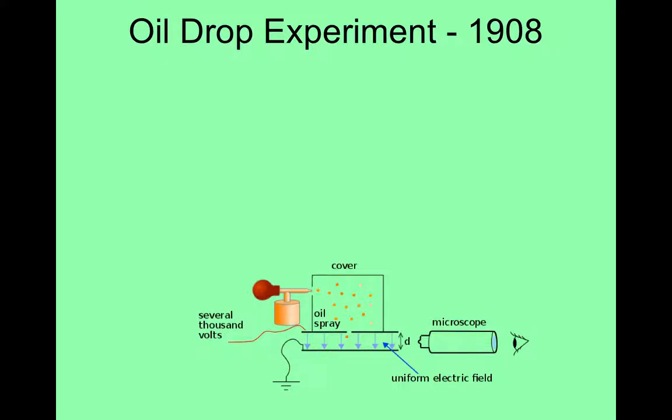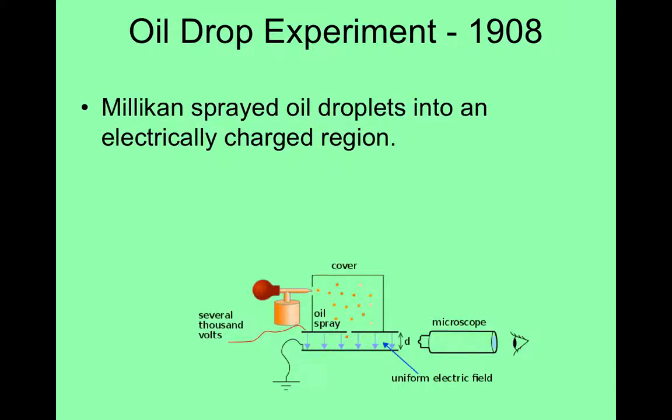Now, we've got a couple other experiments that I want to think about. The next one is the oil drop experiment in 1908. And Robert Millikan sprayed oil droplets into an electrically charged region. And you can see a picture of his experiment down at the bottom. So there's this cover, and you kind of see what looks like a box with the yellow dots in it.